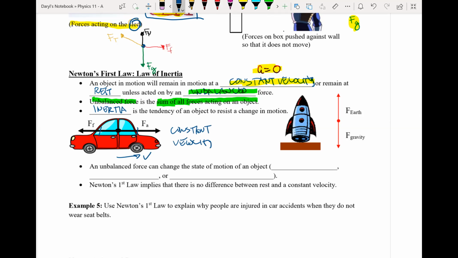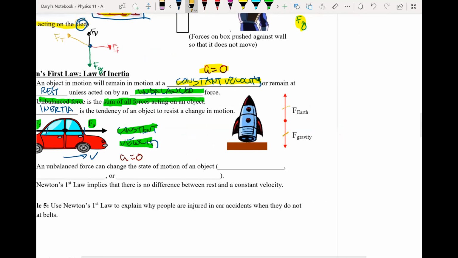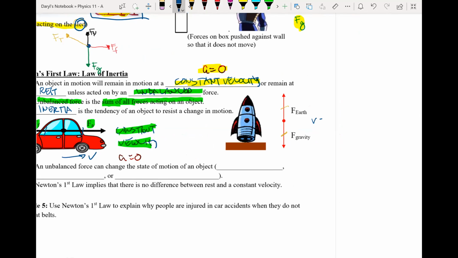If this is equal to this, it should be moving with a constant velocity. Again, acceleration is 0. On the other hand, the object is at rest, so this magnitude should be equivalent to this magnitude. In this case, velocity is 0, which is the same as acceleration being 0. So this is at rest.